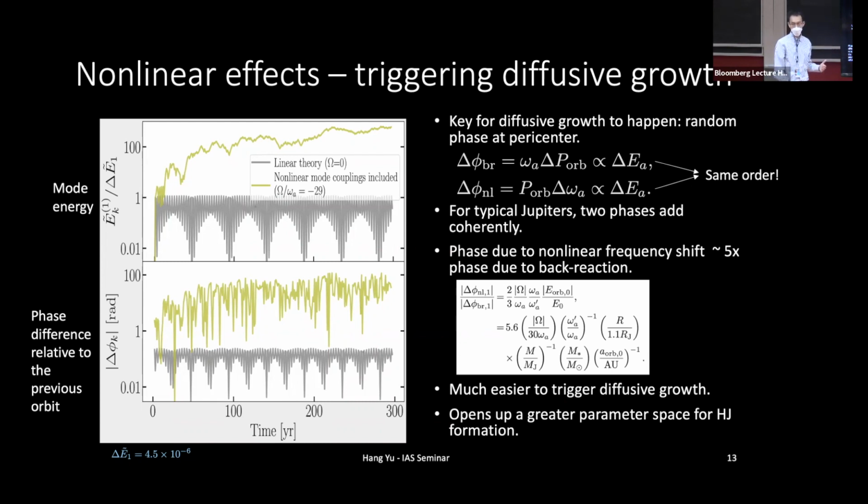If we plug in typical numbers involved in this problem, it turns out that the phase shift due to the nonlinear process is actually 5 times greater than the phase shift due to tidal back reaction. In other words, this nonlinear interaction is the main reason causing the diffusive tide to happen in exoplanet migration. Also because of this factor of 5, it opens up a greater parameter space for hot Jupiter formation.